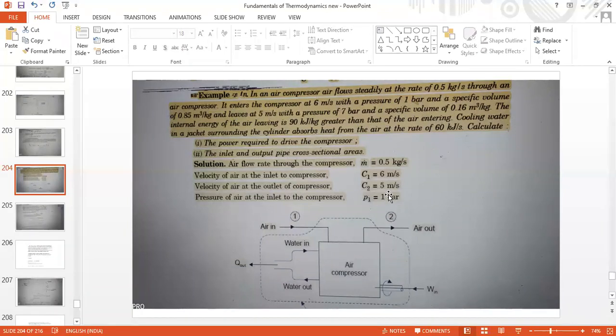Because pressure and specific volume are all given, it is written in terms of U1 plus P1 V1, with a specific volume of 0.85.